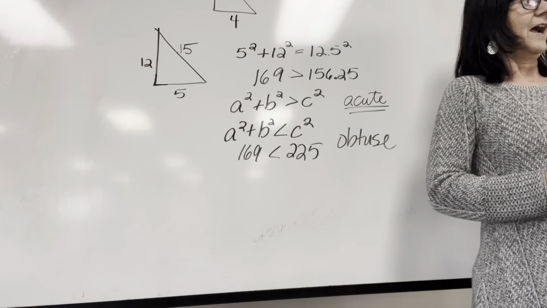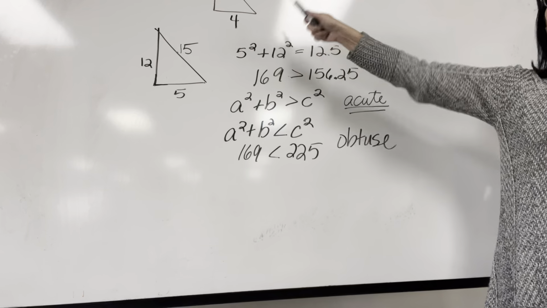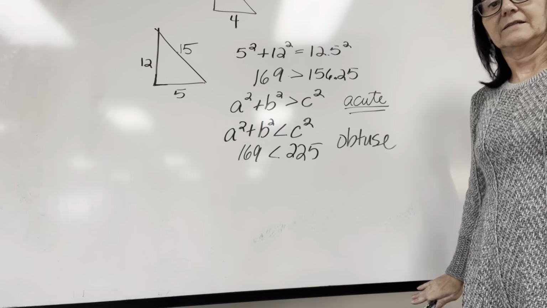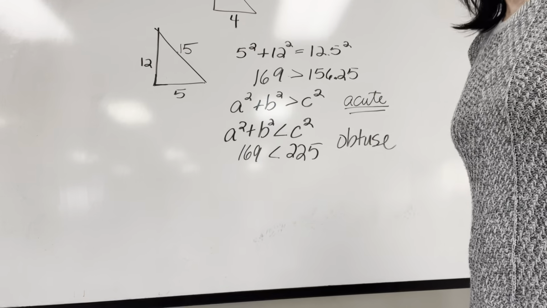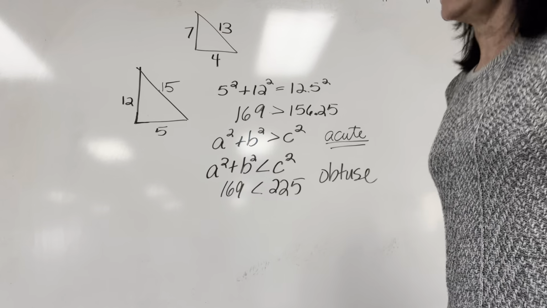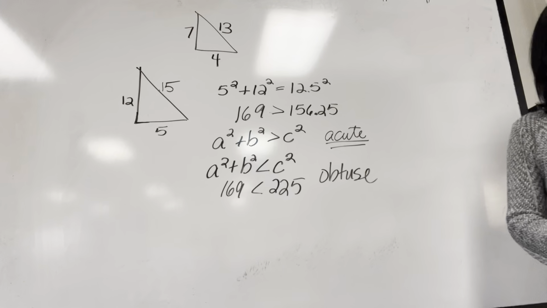Tell me what kind of triangle this is, the one with the sides 4, 7. Landry's going to give the answer, however, we're going to wait and let everybody do it.